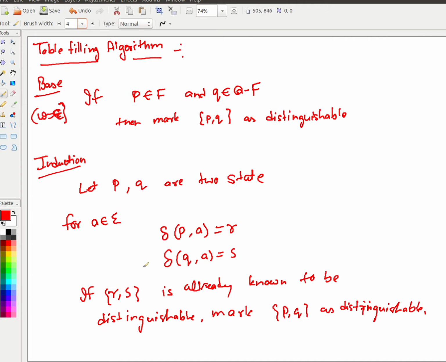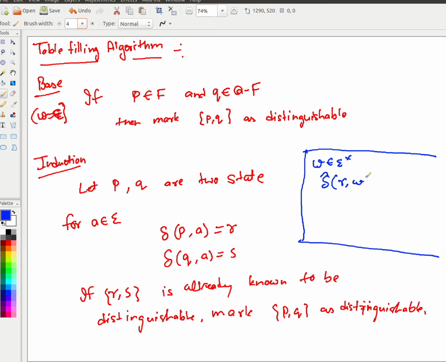The crux behind this inductive step is that there exists some W in sigma star such that delta cap of R W and delta cap of S W, exactly one of them goes to a final. So exactly one is final.